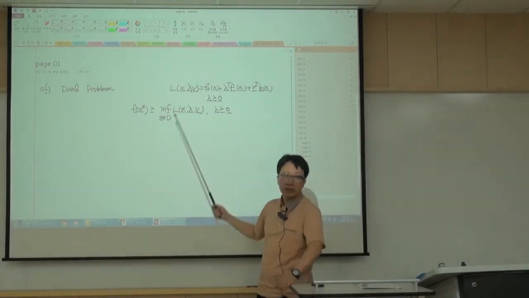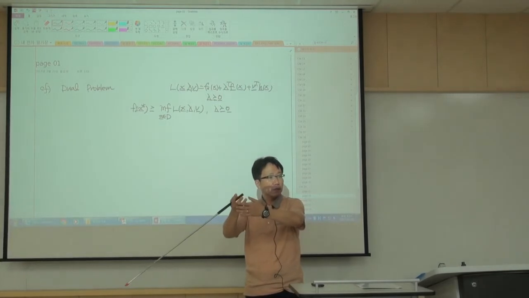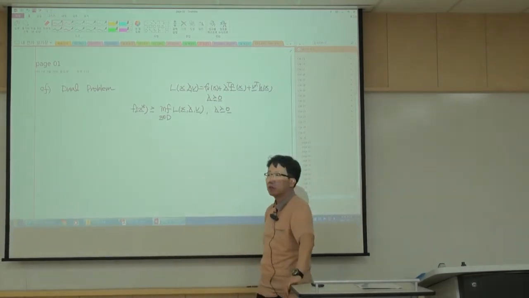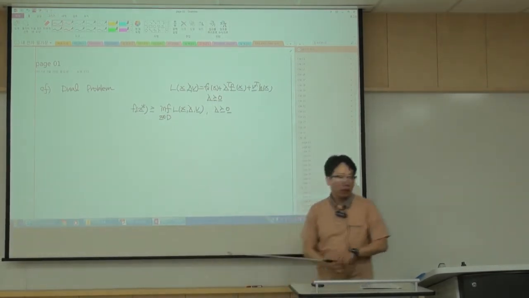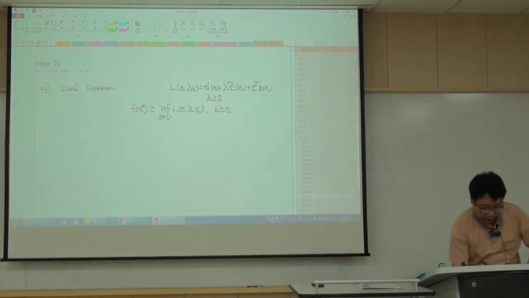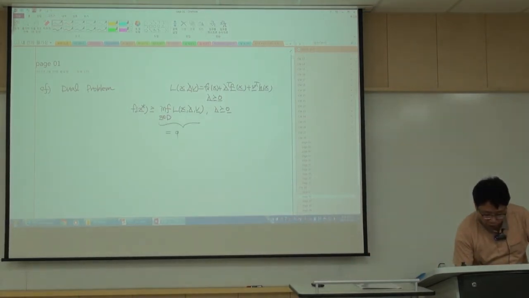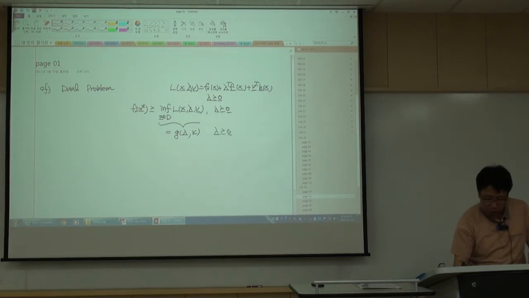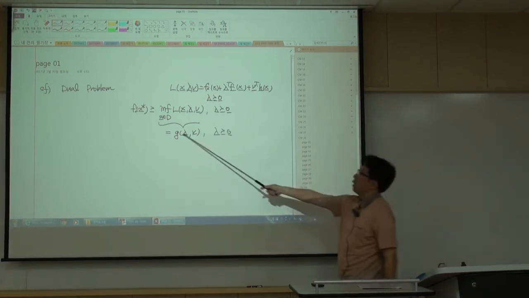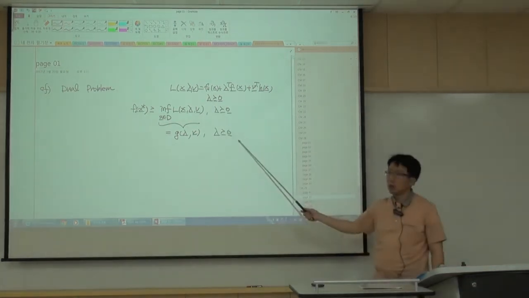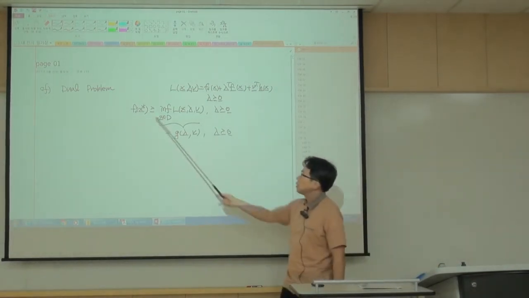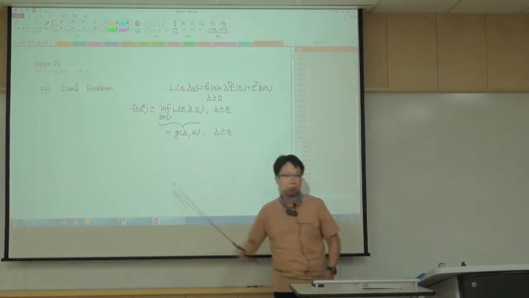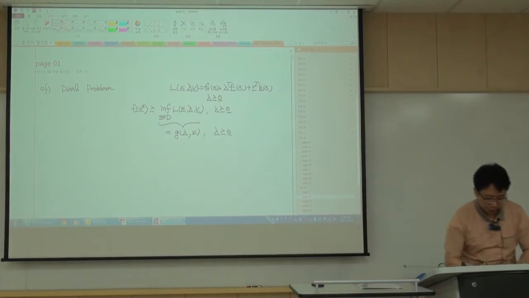Then this infimization may have an even smaller value. Got it? Then we define this one as g of lambda nu, as you remember. And for all lambda nu satisfying this condition, this serves as a lower bound of our optimal function value.